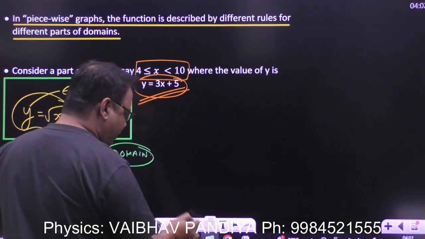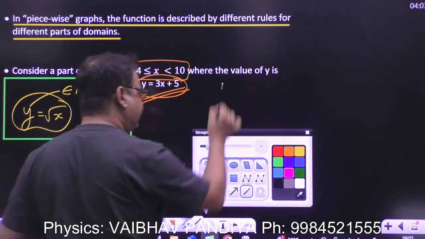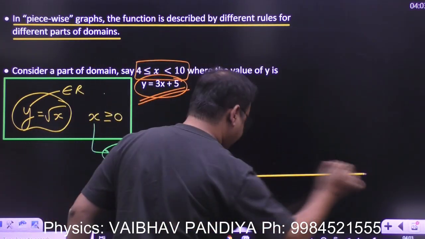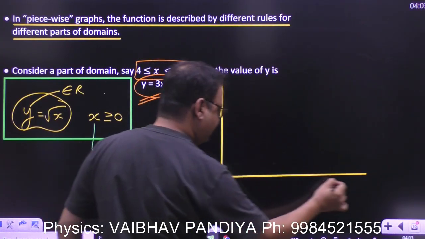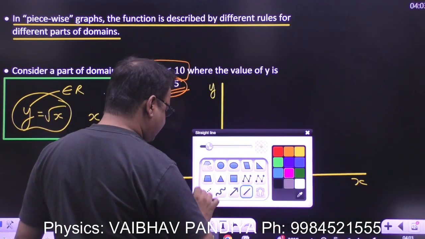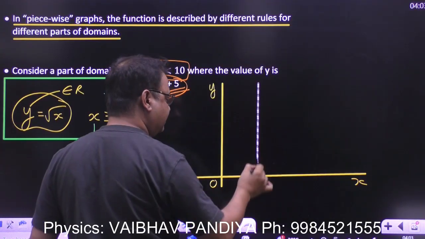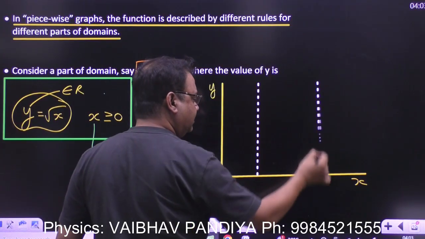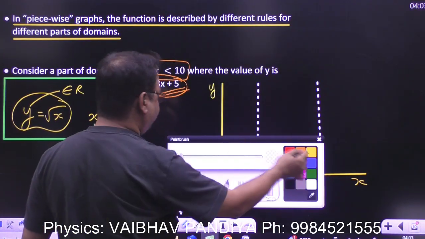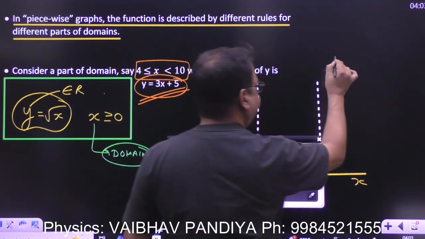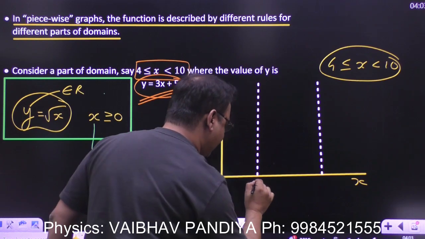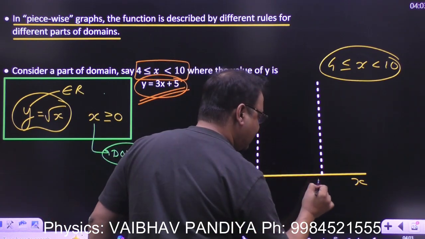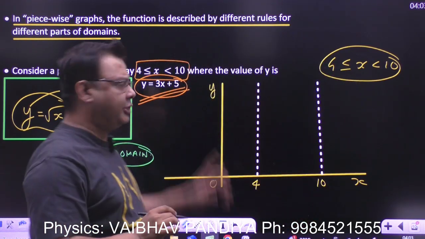Now if you want to plot this graph, we have seen in lecture 1 how to plot a single straight line graph. So if I'm plotting here the y versus x graph, I'm just plotting the vertical lines at the end points of the domain for which this rule is defined. So I'm plotting the value of 4 as the initial point and the value of 10 as the end point, correct?